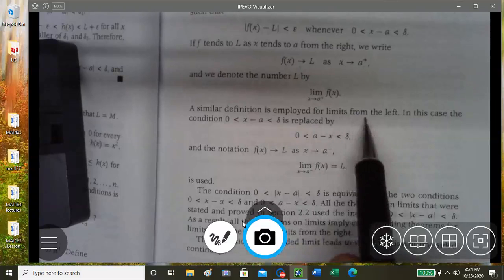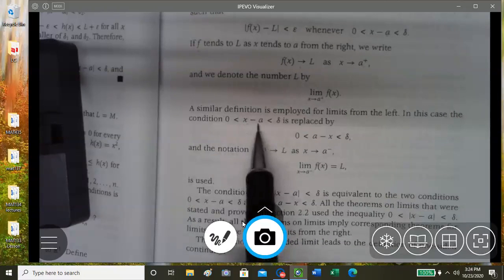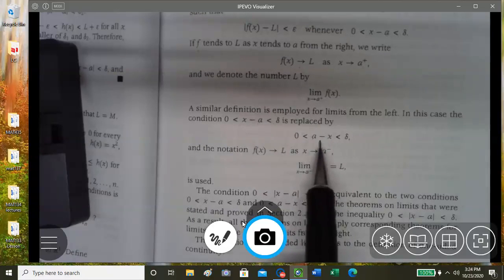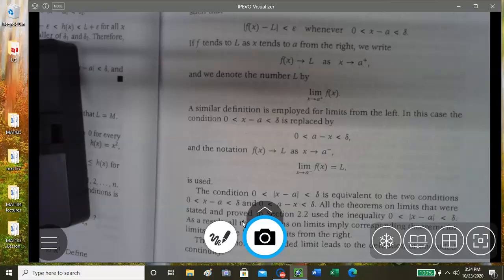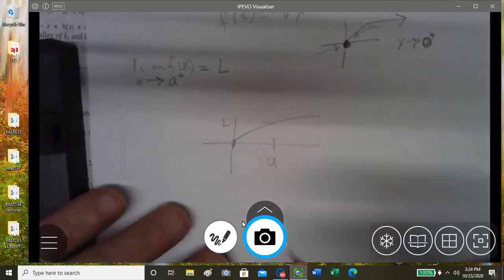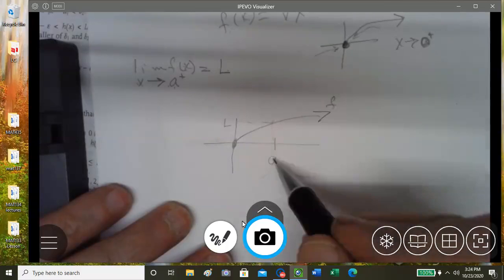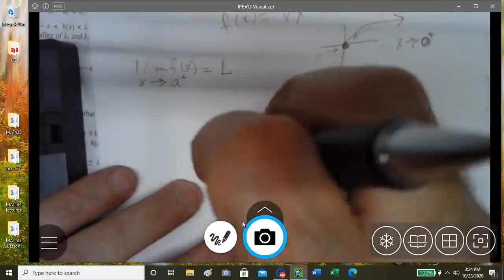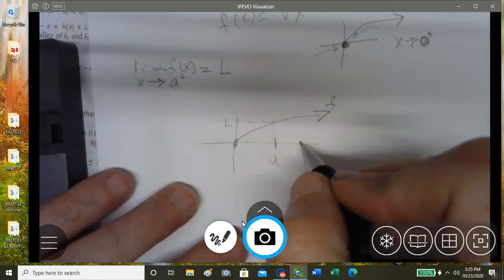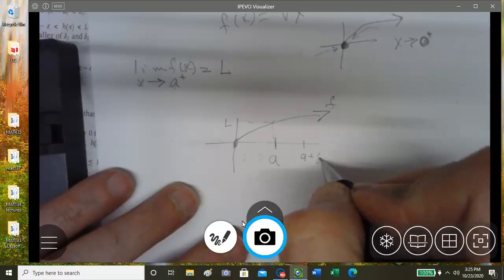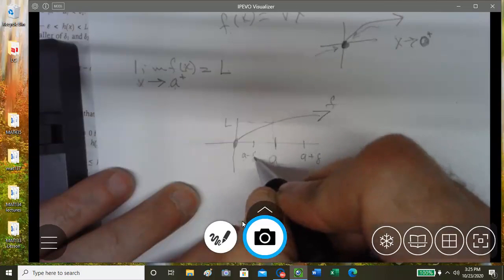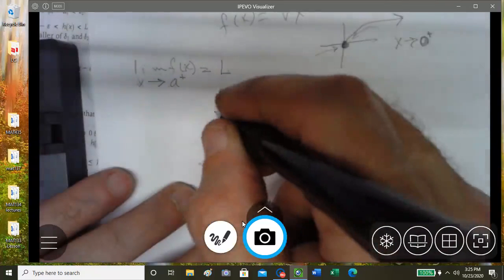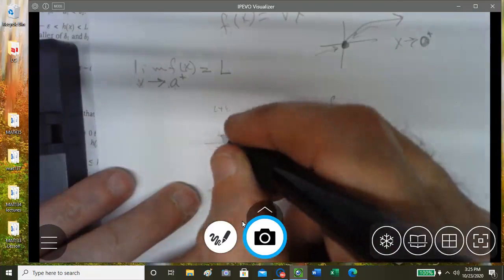A similar definition is employed with limits from the left. In this case, the condition x minus A is less than delta is replaced by A minus x, because now at the left, if you're looking at this, and this is A, and here's your function f, as x approaches A from the left, here you have A plus delta and A minus delta, and here you have L plus epsilon and L minus epsilon.